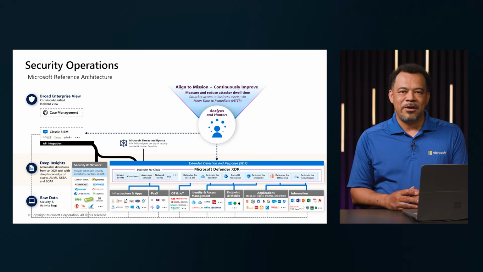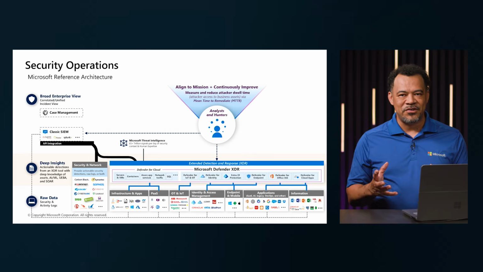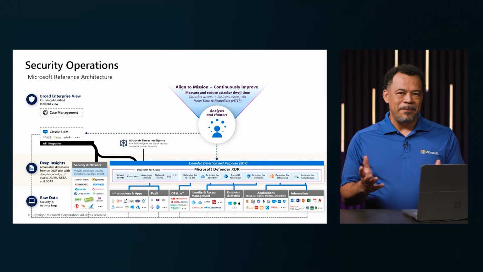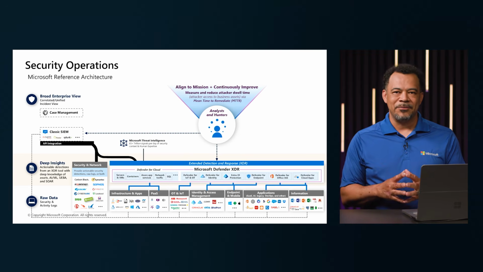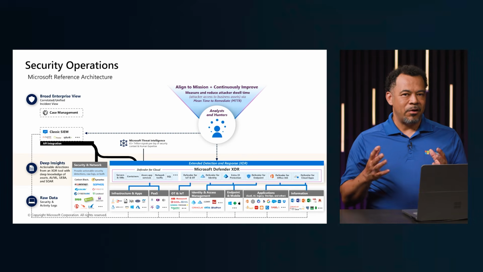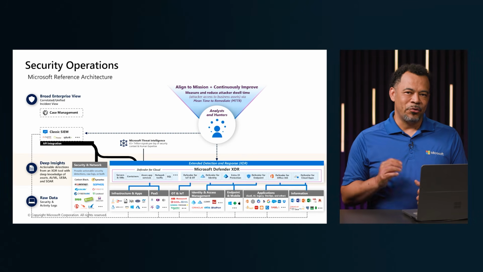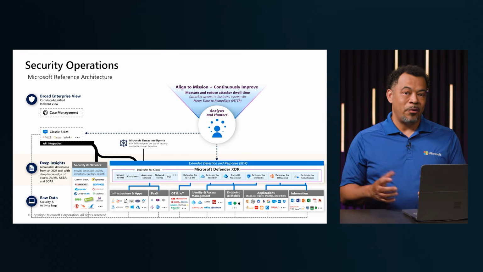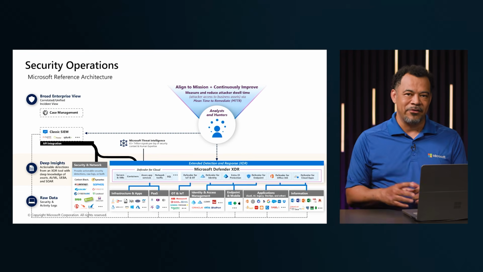XDR tools like Microsoft XDR provide these efficiencies by focusing on individual asset types like endpoints, operating systems, identity systems, SaaS applications, storage services, databases, IoT and OT devices, and other things.